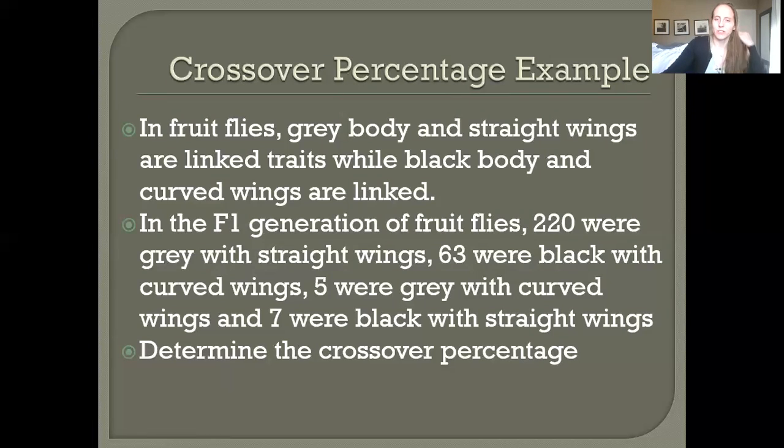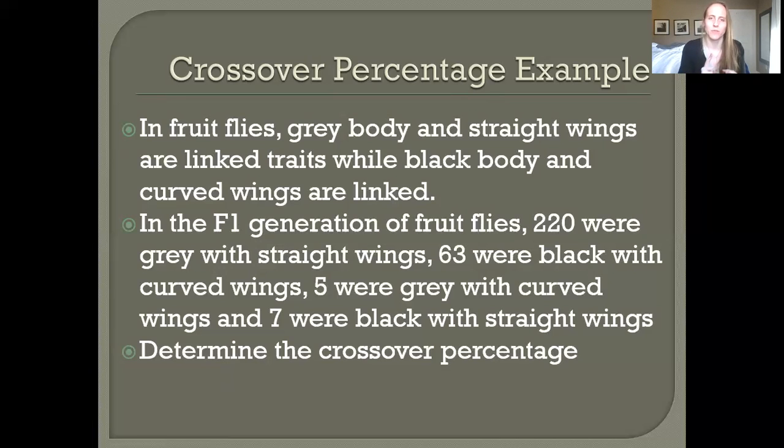So when we're determining crossover percentage, we're taking the number of recombinations divided by the total. The number of recombinations are the number of individuals whose linked genes aren't showing up together. So they have a weird combination of traits, essentially.